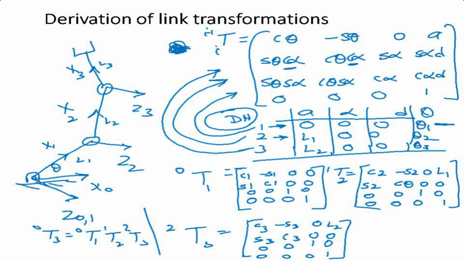This is the generalized matrix that is going to take you from frame i minus 1 to frame i, so from one frame to another frame.